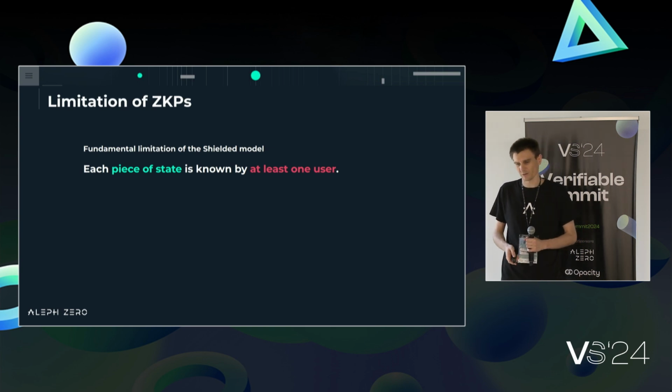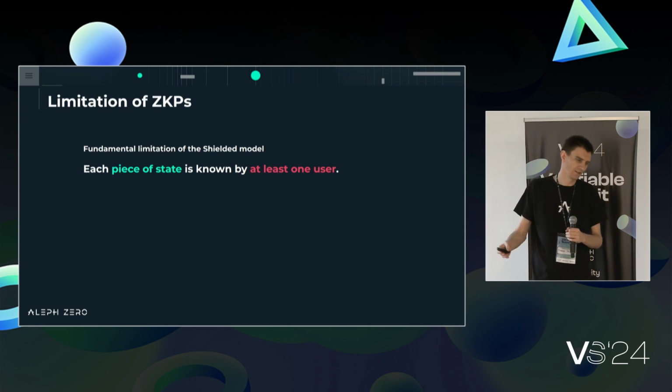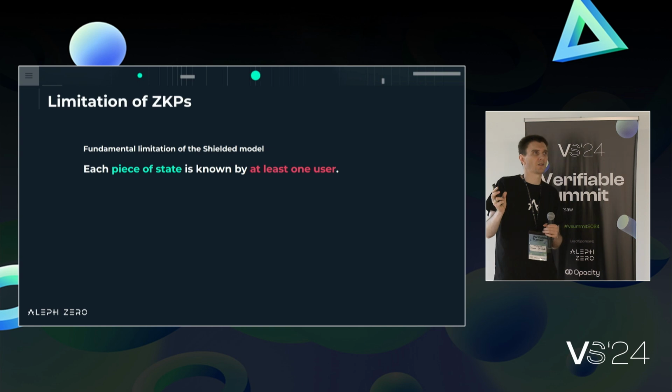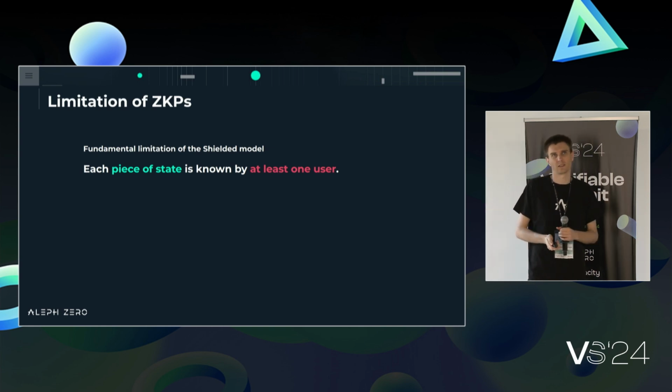Well, you need to really assume that because whenever someone makes a transaction, then he or she proves that some statement is true about the state. So if there is a piece of state that nobody knows about, then this state is lost essentially, because nobody will be able to prove anything about it.